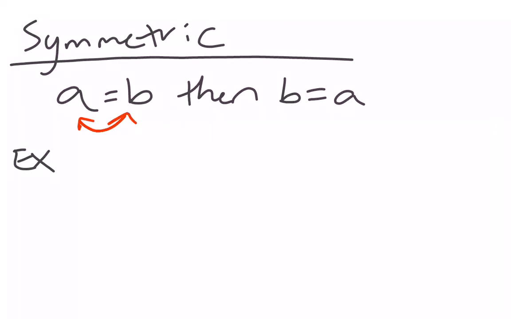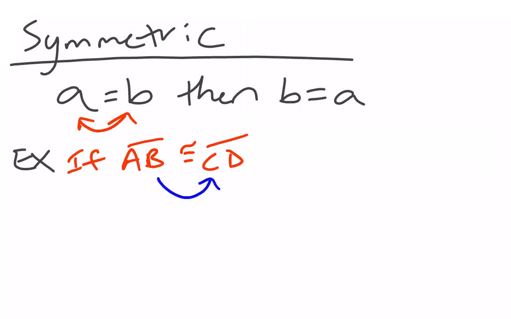So if A equals B, then B equals A. So for example, you might have that if AB is congruent to CD, we can just flip the order and make it CD is congruent to AB. The symmetric property just means that it's the same either way.